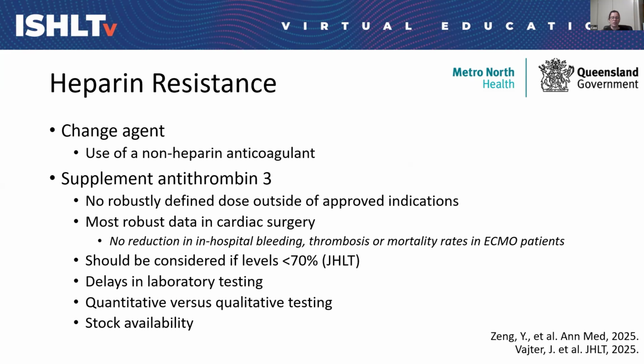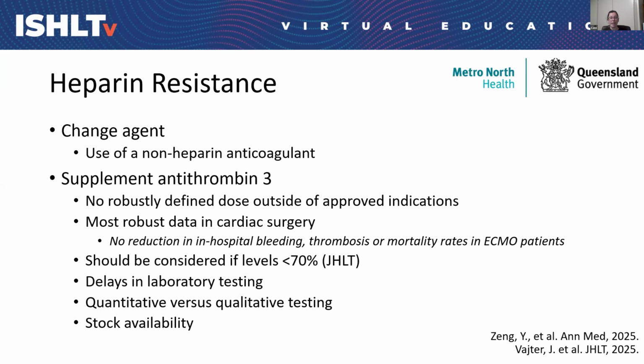Most of the data available for supplementing AT3 is in the cardiac surgical population and makes it difficult to extrapolate to different clinical pictures, which is highlighted by a systematic review and meta-analysis by Zhang et al. this year that actually recommends against AT3 supplementation in ECMO patients, demonstrating no reduction in in-hospital bleeding, thrombosis, or mortality rates, with increased risk of thrombosis or mortality in certain subgroup analyses.